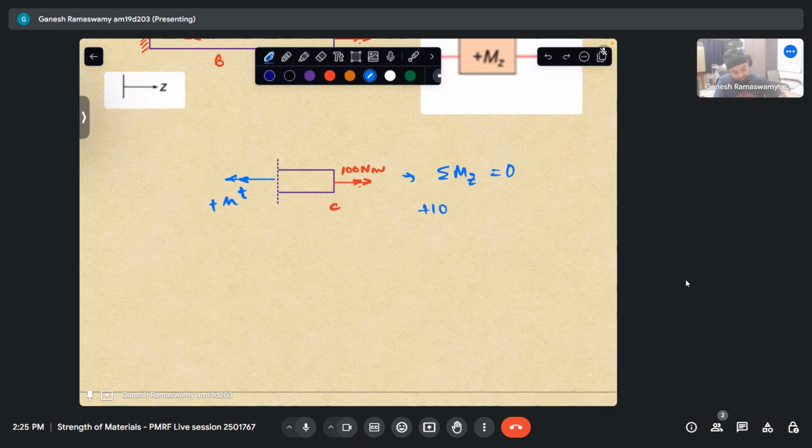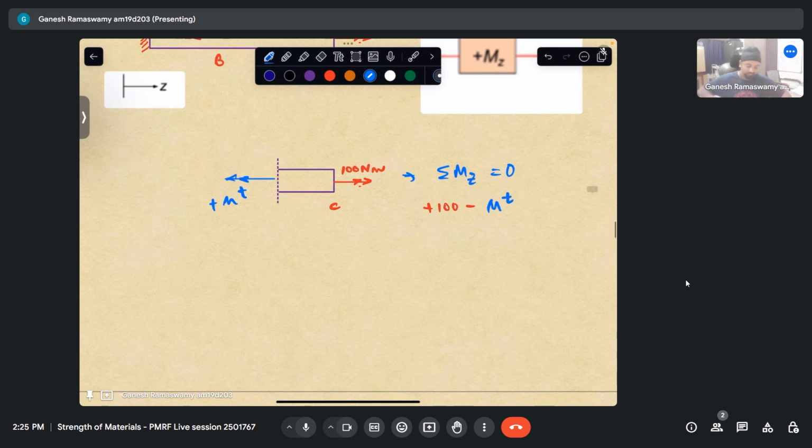Why plus 100? Because this is pointing in the positive z direction. So this is plus 100 minus mt at some z.